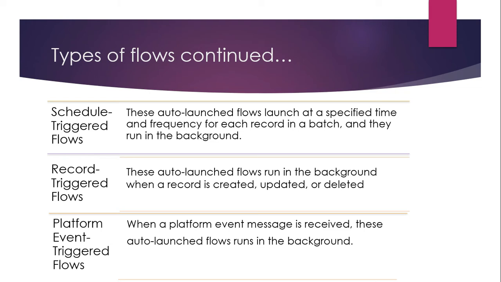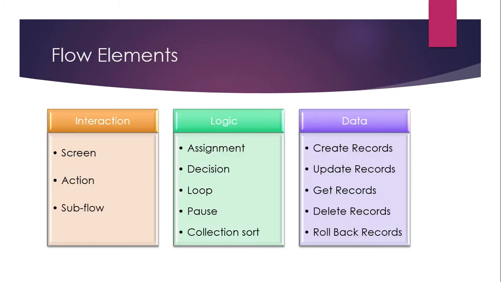Now just a little pause, guys. There is a very important aspect I am talking about now, that is flow elements in this slide. You know that there are three kinds of, we can say, statues, and in these statues we have some pillars.